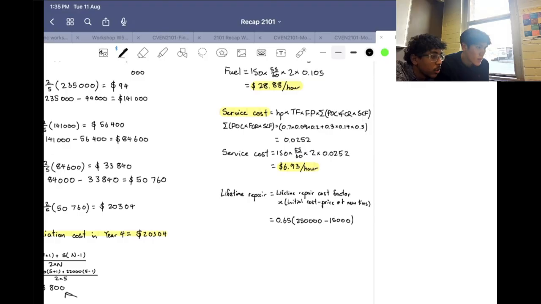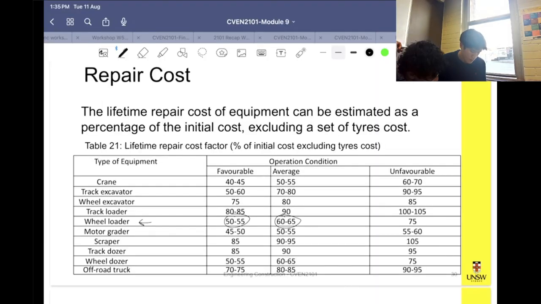Lifetime repair cost factor. I'm pretty sure that's on a table. This one. Which one? So we'll know the operation conditions. Yes, sir. 0.65. No, it's two, because that's the lifetime repair cost factor percentage.